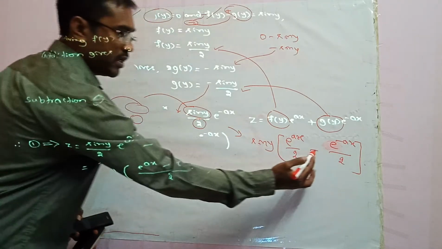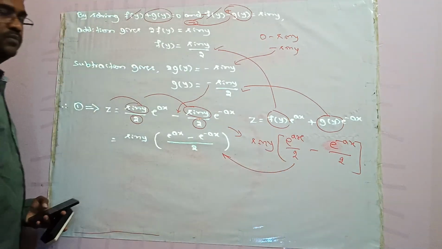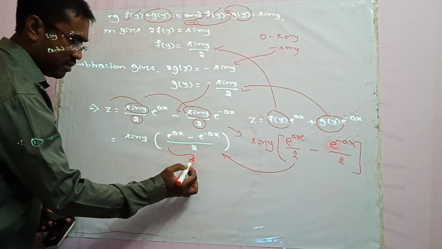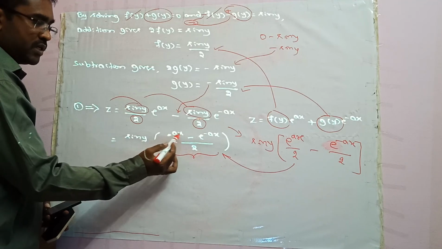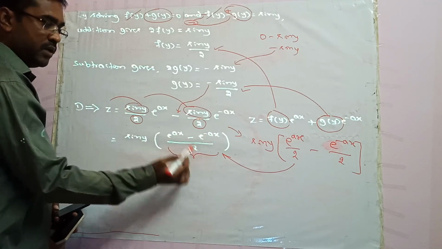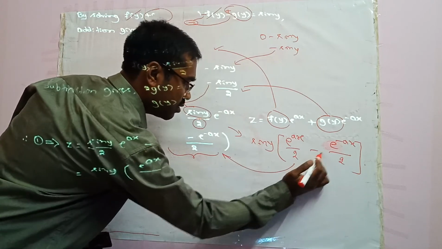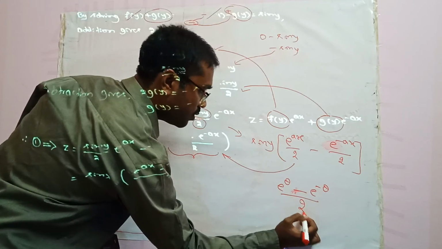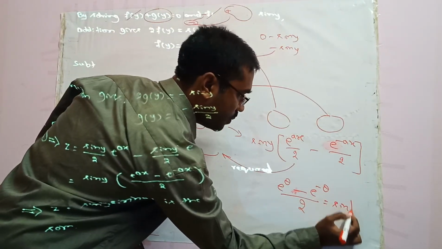If you take the LCM, you will get this. But what is the standard form of this? This is of the form e to the power theta minus e to the power minus theta by 2. We know e to the power theta minus e to the power minus theta by 2 is sin hyperbolic theta.